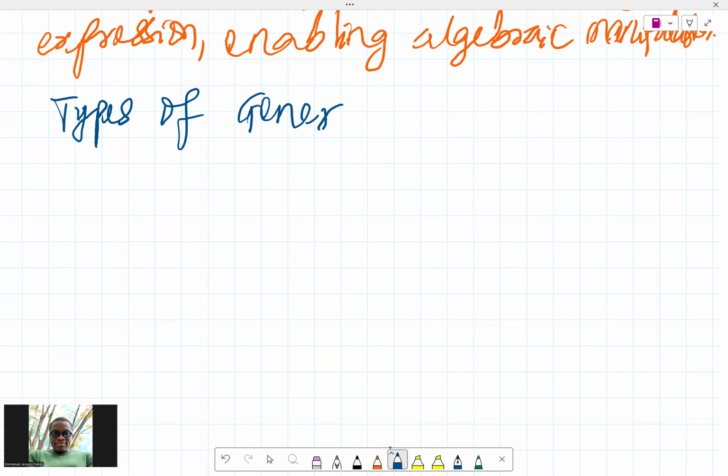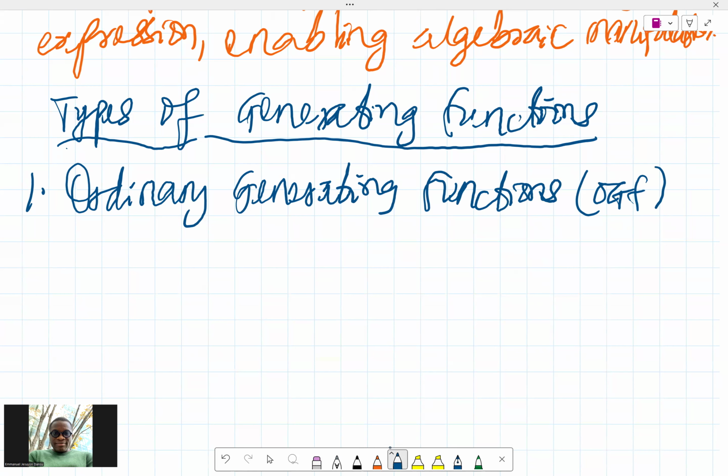Okay, first of all, we have what you can call the ordinary generating functions. That's OGF.